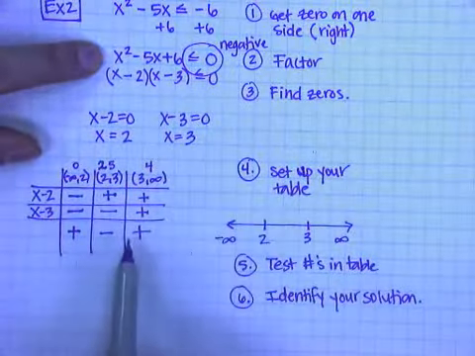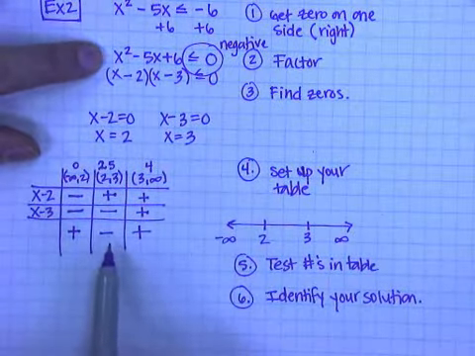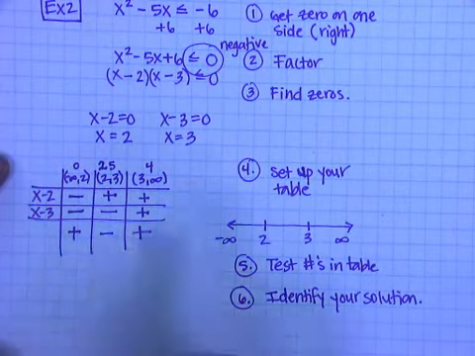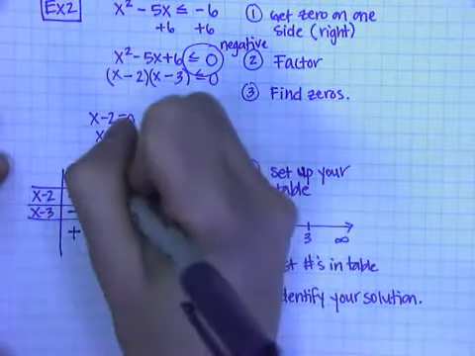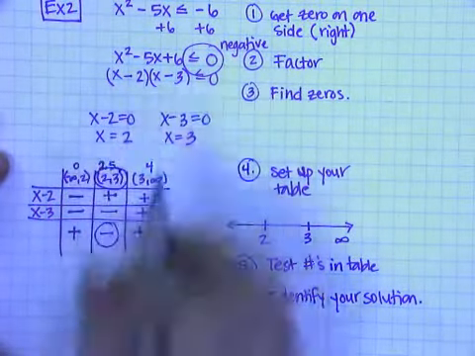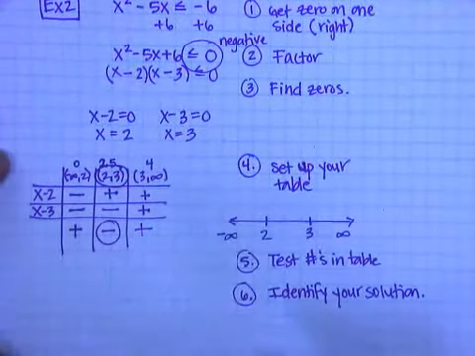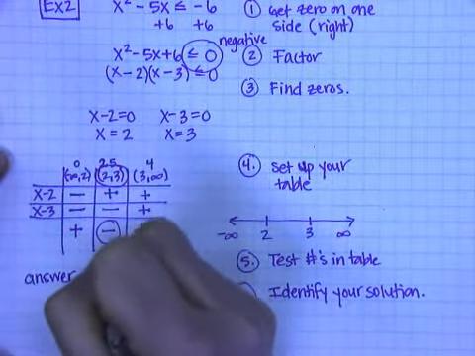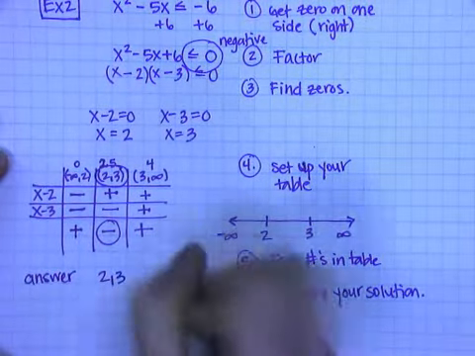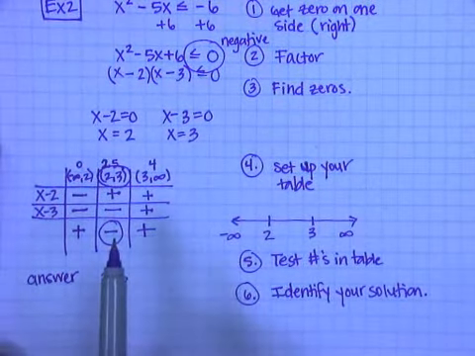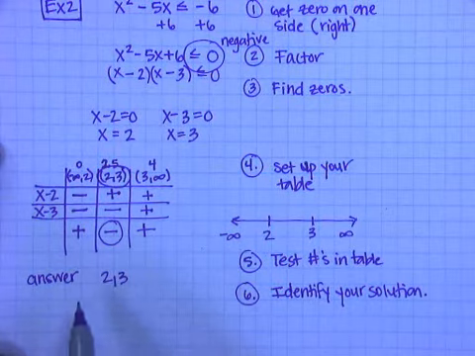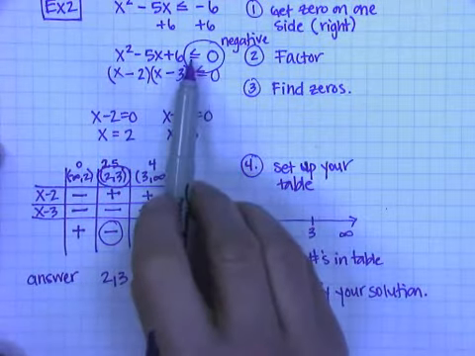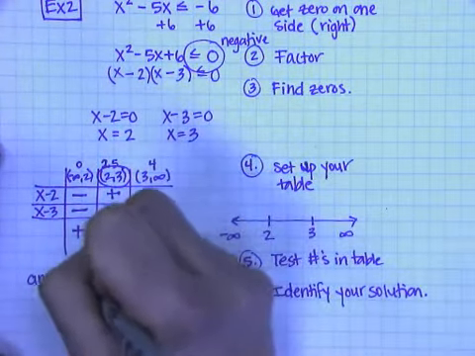And so what I'm looking for in my table is the place where the overall problem was negative. So that's right here. The place that corresponds with that is the interval from 2 to 3. So my answer is from 2 to 3. And now the last thing I need to do is make a determination about whether to use parentheses or brackets. Since this is less than or equal to, I should use brackets.